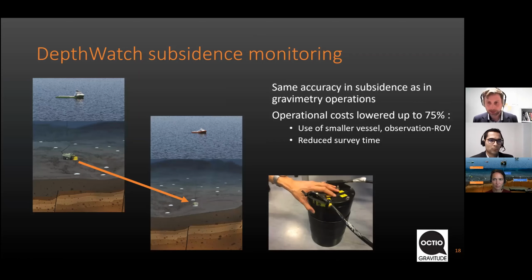It's very small and very compact instrumentation that allows quite a bit of operational savings. So it's quite interesting technology that we have actually used a bit in very recent times.